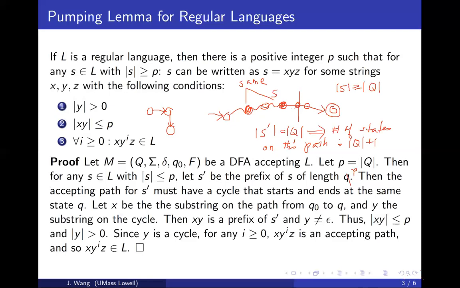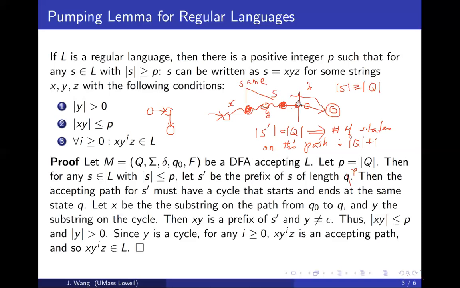That means I call the string between these 2 states y, this part will be x, and after this one will be z. Now you can see, if I remove this segment, y, then when x goes to this state, you can immediately go to the next one, because this is the same state.